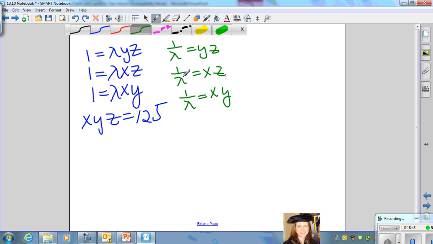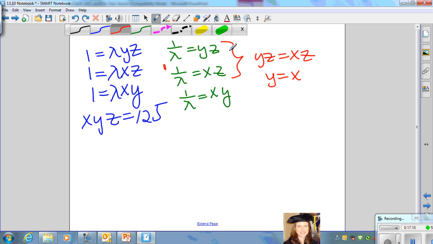Well, if 1 over lambda is the same as this 1 over lambda, then by combining these first 2 equations, since these are both equal, then y times z has to equal x times z. And if you divide both sides by z, you can see that y has to equal x.